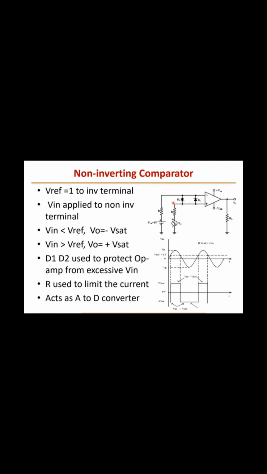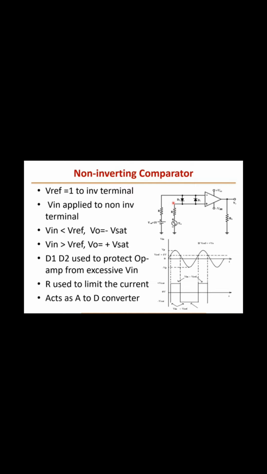When Vin is less than V reference, the output voltage V0 is at minus Vsat, which will be almost equal to minus VEE, because the voltage at the negative input is higher than that at the positive input.